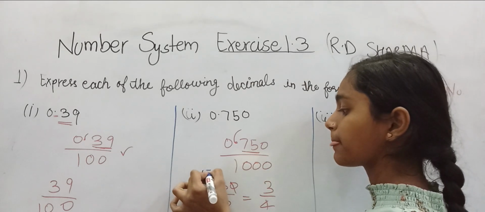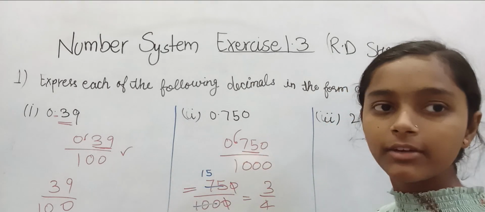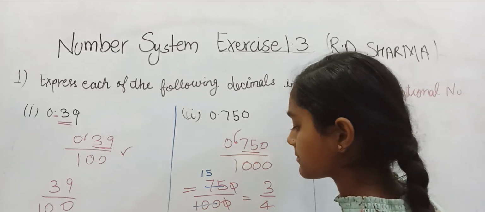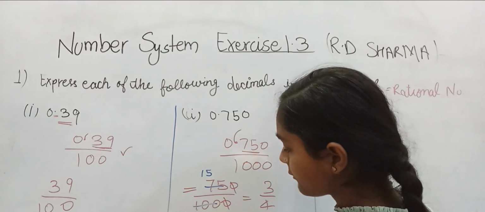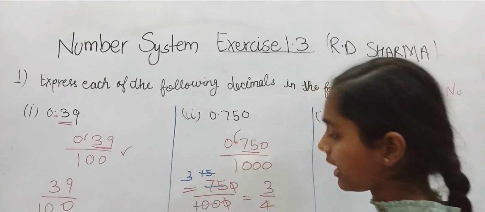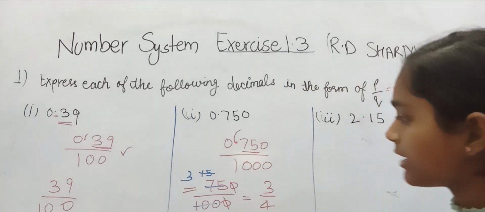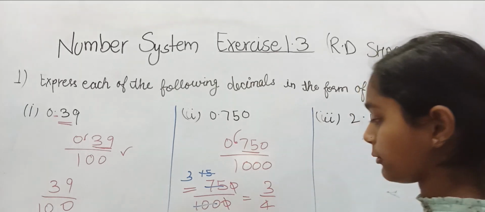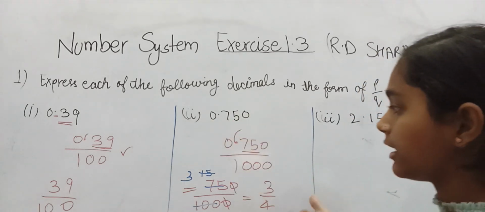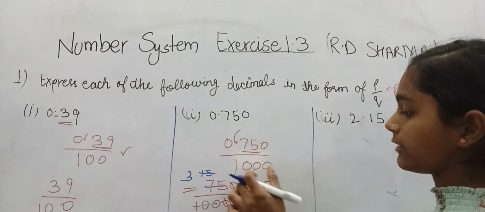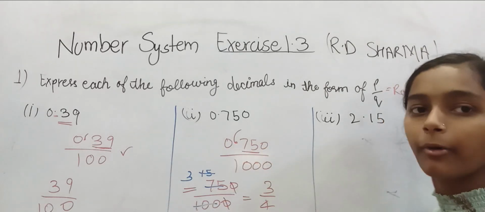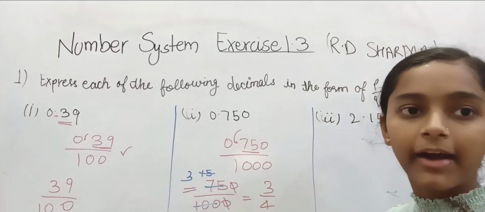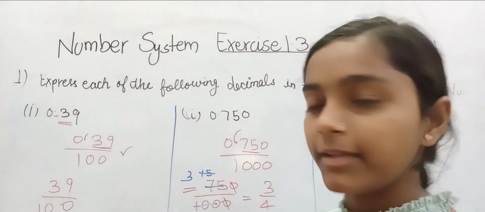Now 5 5s are 25. Again we'll cut it with 5: 5 4s are 20 and 5 3s are 15. So the final answer here is 3 by 4. So what we did here is we made it in the form of p by q, which is 750 upon 1000. Then we simplified it, because it is important to simplify it.